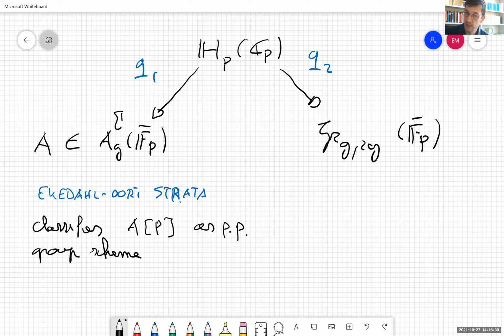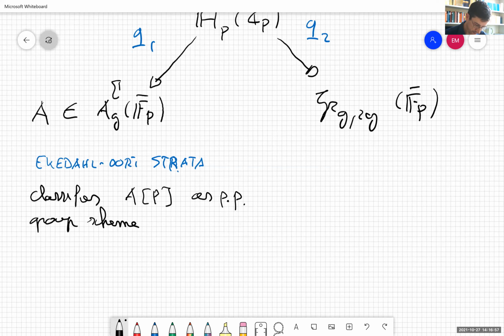And Oort proves that actually over F_p bar, these group schemes arising in this way fit into finitely many possibilities. And so you stratify the moduli space in characteristic P by putting together all the abelian varieties that have isomorphic P torsion. Okay?